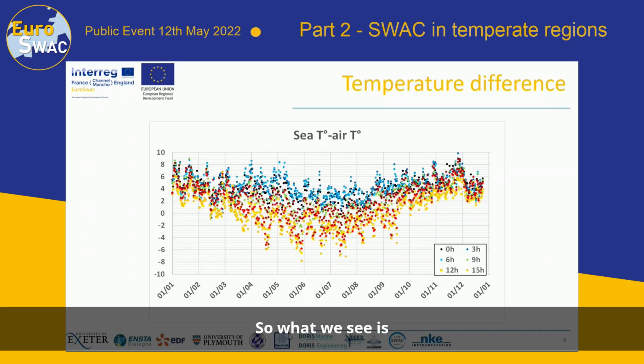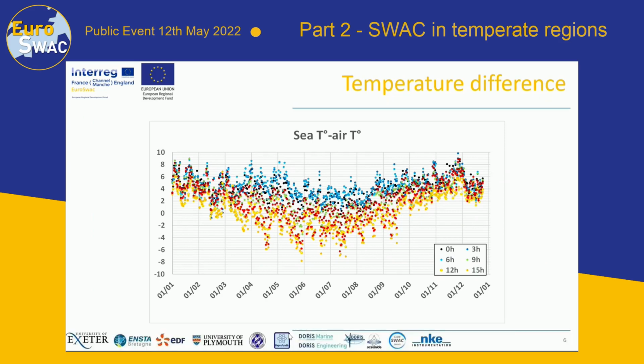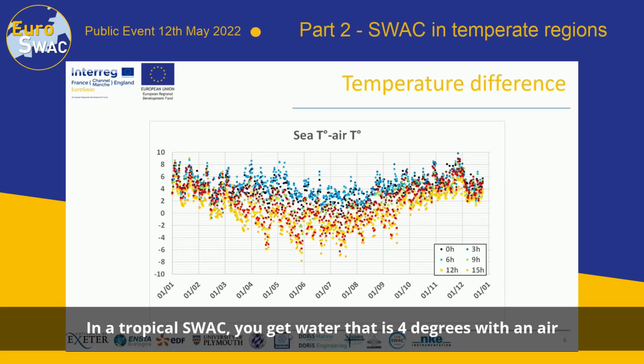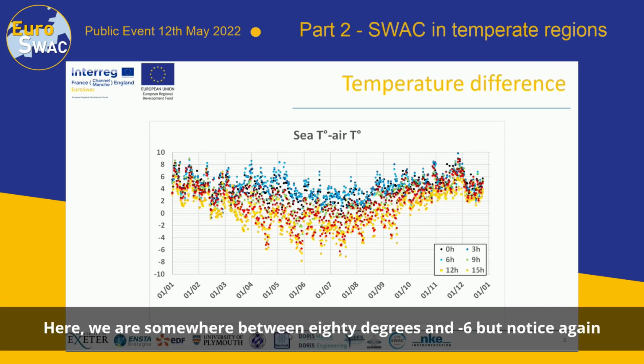What we see is that the difference is much lower than in a tropical SWAC. In a tropical SWAC, you get water that is 4 degrees with an air temperature that is around 30 degrees, so you have more than 25 degrees of difference. Here we are somewhere between 8 degrees and -6.